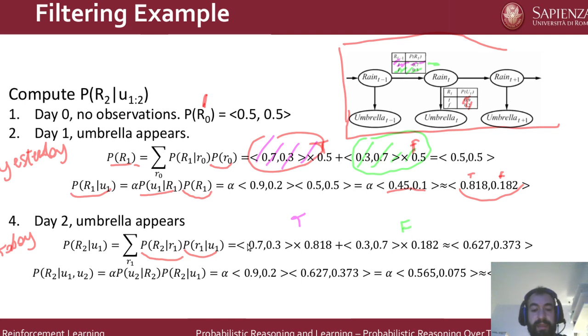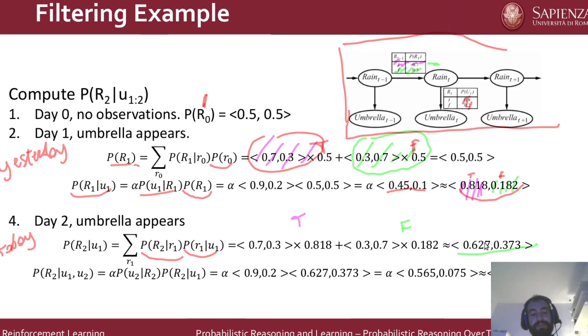So again, we look at the same row here, 0.7, 0.3, multiplied by the value for this being true. While we look at the second row here, and we multiply it by the value for this being false, which is 0.182. So we do our computations and we get this thing here.